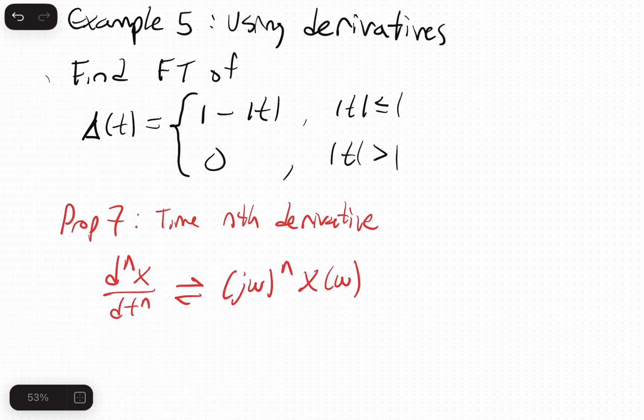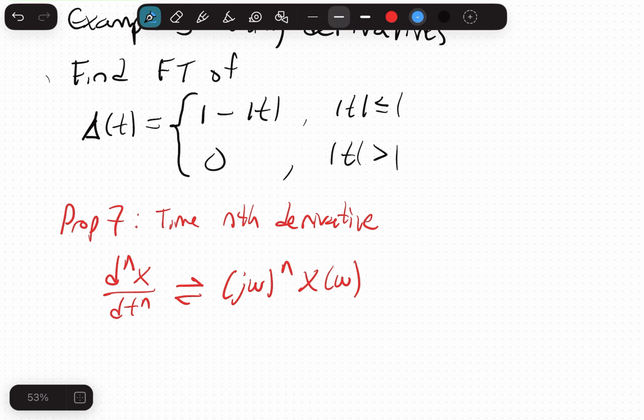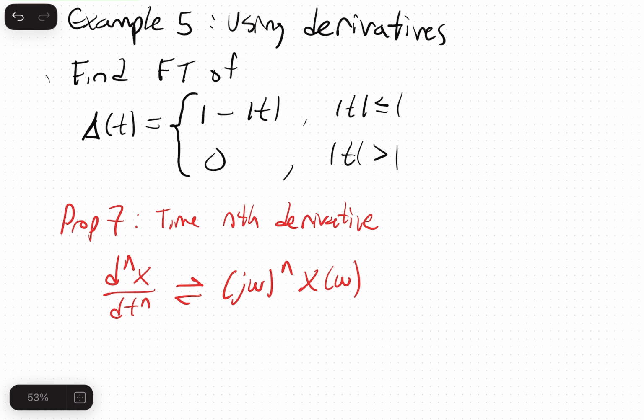In this case, they're asking us to find the Fourier transform of the second derivative of the triangular pulse. All right, so how do we do that?